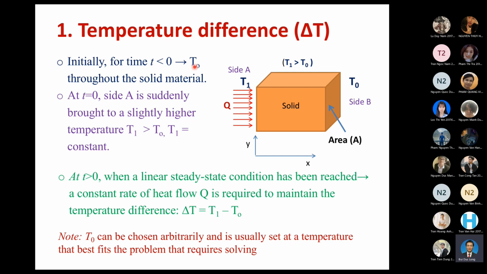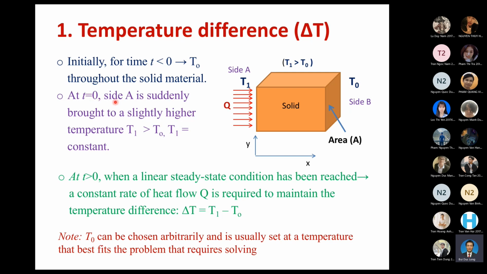Or we can put it in a furnace and keep it for a long time to make it constant. So the whole body will have temperature T0. For easier, we can consider room temperature, T0.